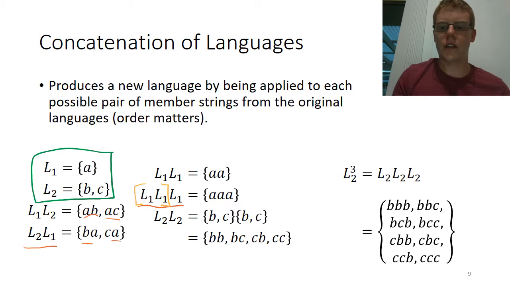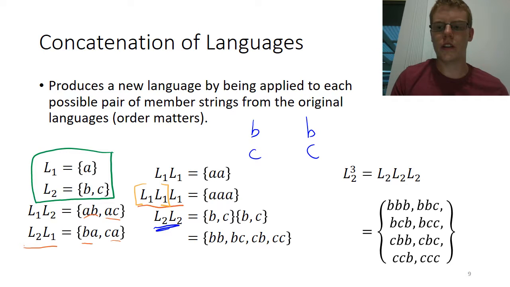So I've concatenated L2 with itself down here to show you what I mean when I say every string from the first language is concatenated with every string from the second language. The strings in the first language L2 are B and C, and the strings in the second language, which is just L2, are also B and C.